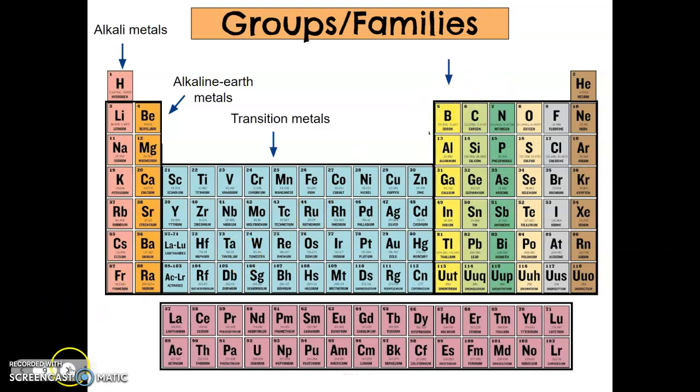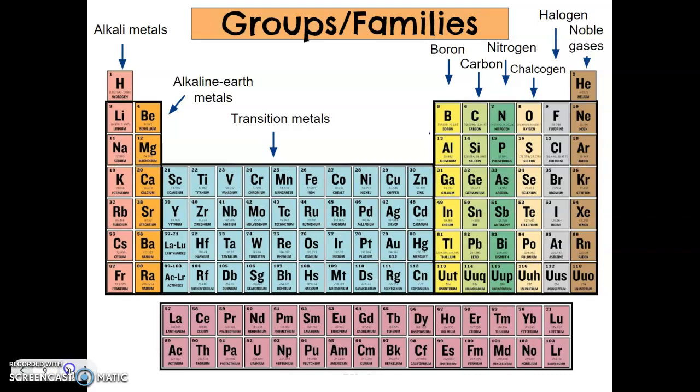Here we have our boron group, then our carbon group, our nitrogen group, our chalcogens, our halogens, and then finally our noble gases. Okay, so again, these different elements in these groups are going to have similar properties.